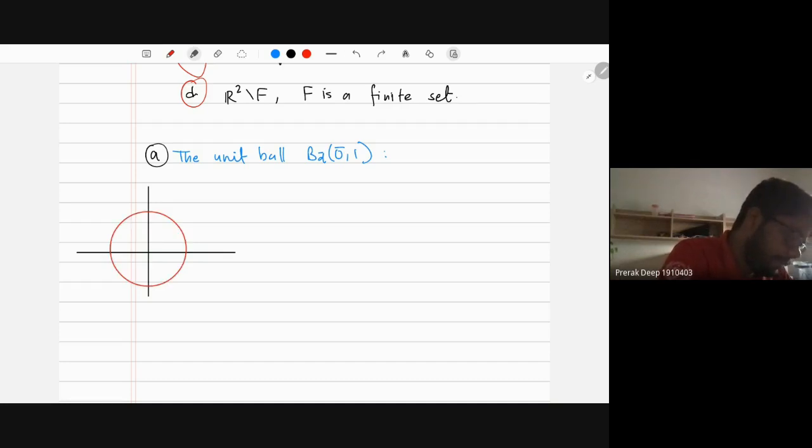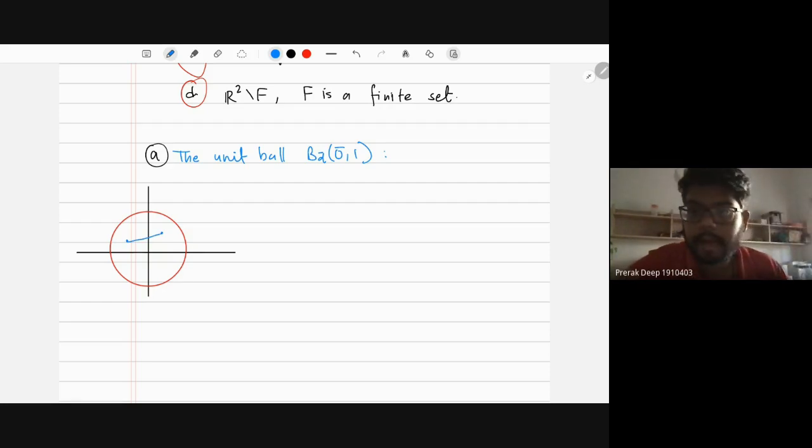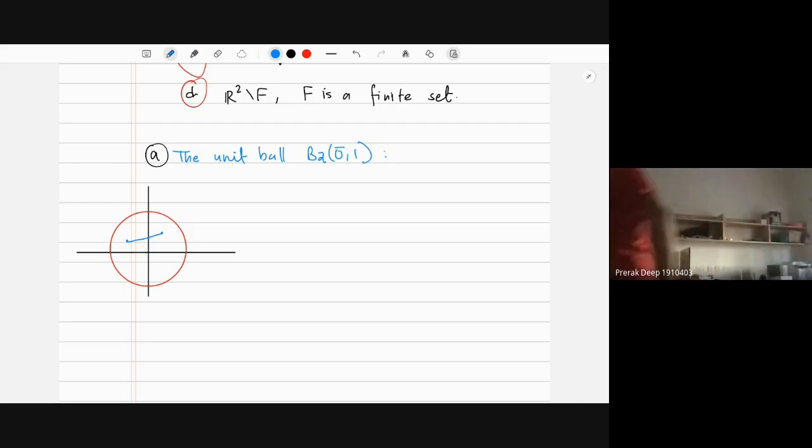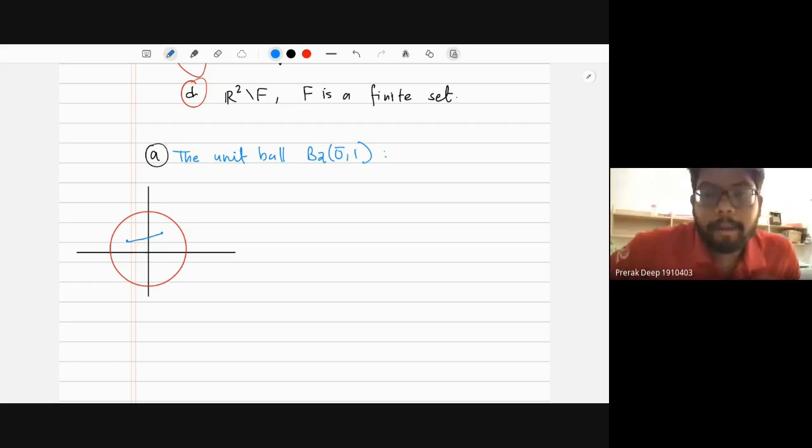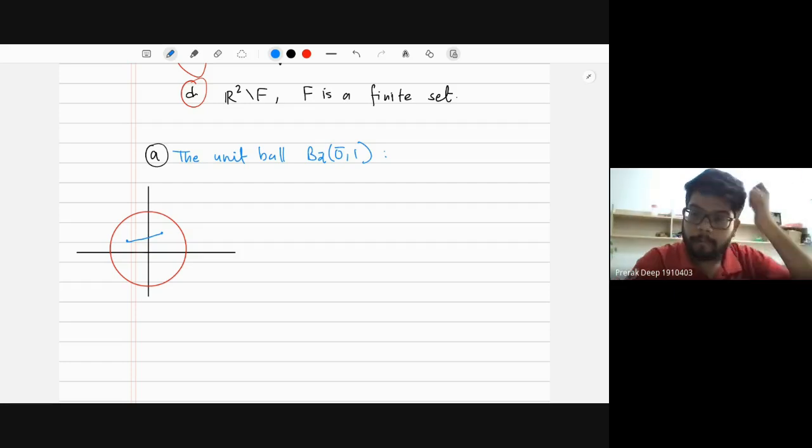Now this is a ball centered at the origin and of radius 1. The idea here is to take any 2 points and then say that there is a path joining these 2 points. You can clearly see that this is a convex set. Discs are convex.